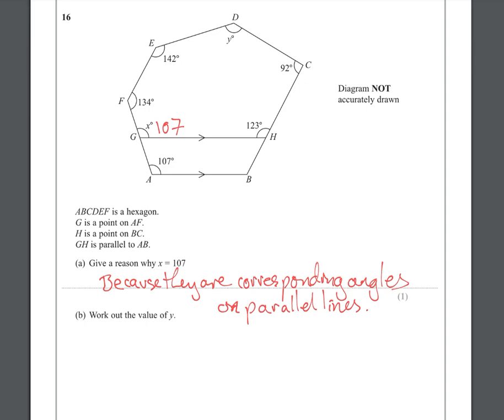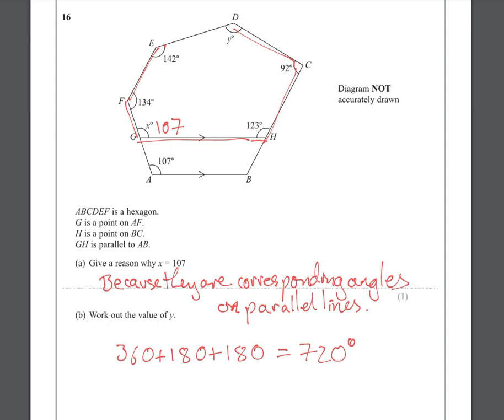Okay, work out the value of y. Well, y is in this shape here, which has 1, 2, 3, 4, 5, 6 sides. So I know a square has 360, and I know it goes up 180 each time. So that would be 5 sides, that would be 6 sides. That's going to be 720 in total.